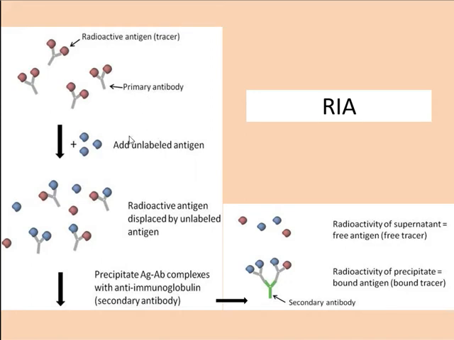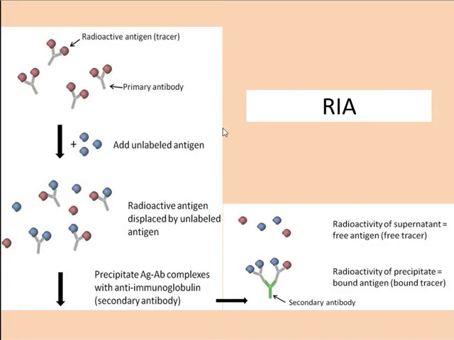Now, what all will your reaction systems contain? In the first procedure, you will mix this primary antibody with the radio labeled antigen in your kit. So your kit contains these two components, so you mix them. Now when you mix, you know the concentration of primary antibody as well as the amount of radio labeled antigen.